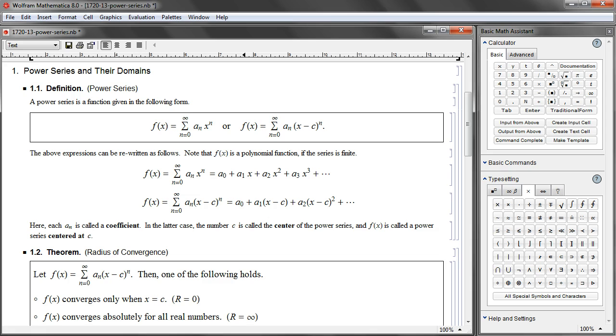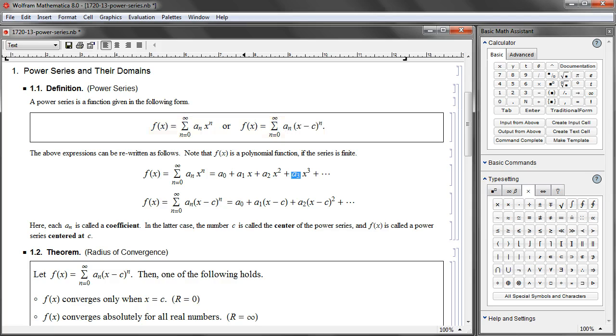Just like polynomial functions, this kind of thing, a_n x to the nth power, is called a term. In this particular case, you're looking at a cubic term, and this is a quadratic term, and this is a linear term, constant term, and this kind of thing is the general term, or nth term.